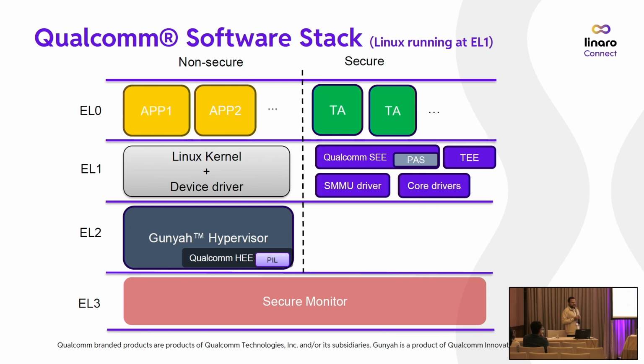It is still not merged in the Linux community, but the Gunyah hypervisor source code is open now. There is a BSP library, a QE component, and PIL drivers. This is the remoteproc peripheral proprietary code.